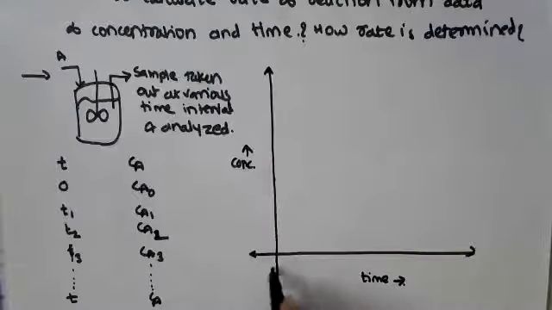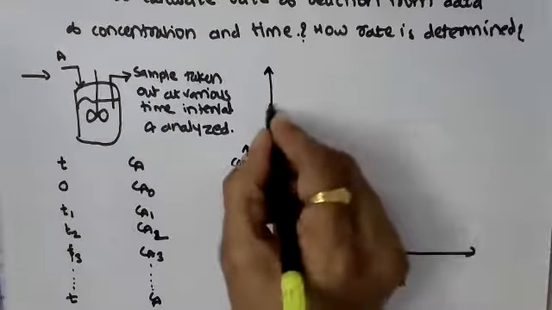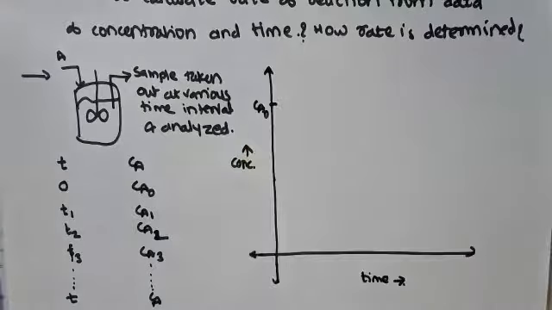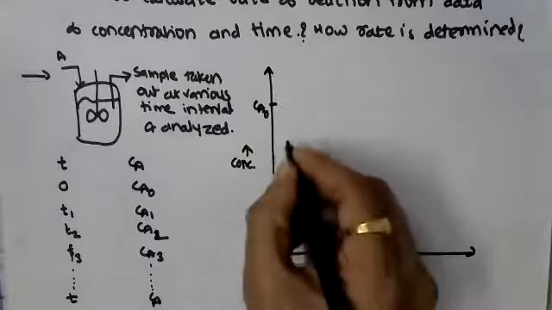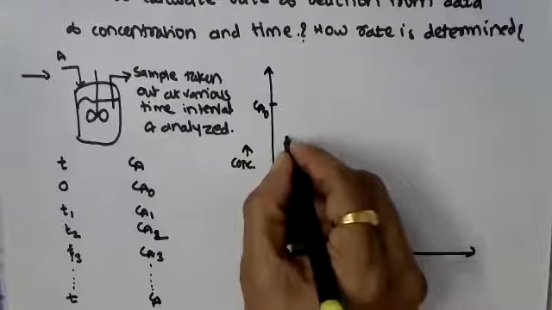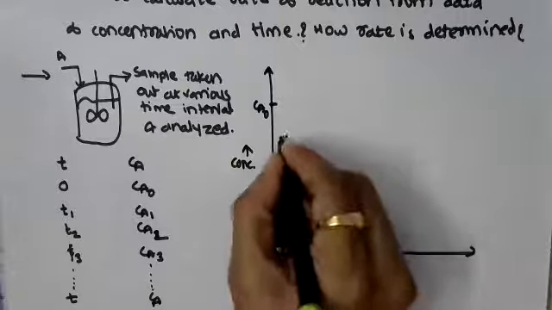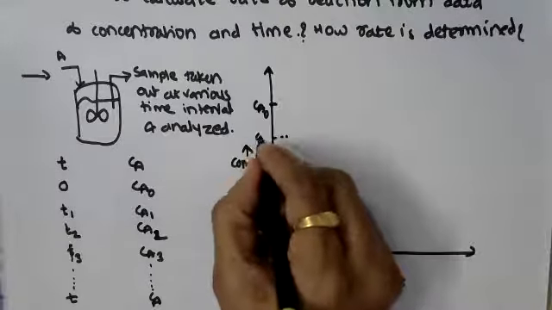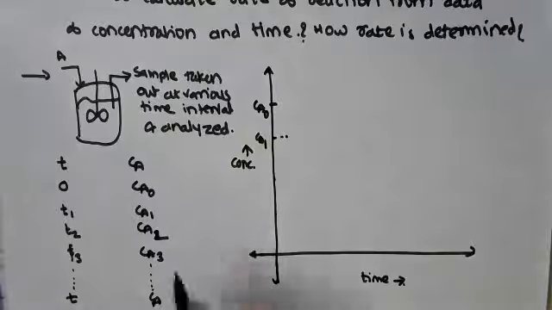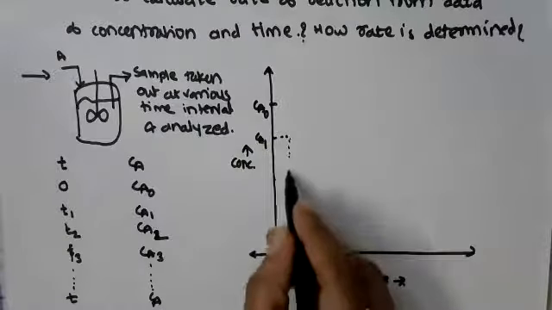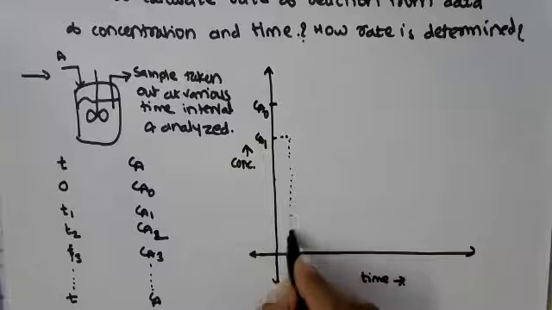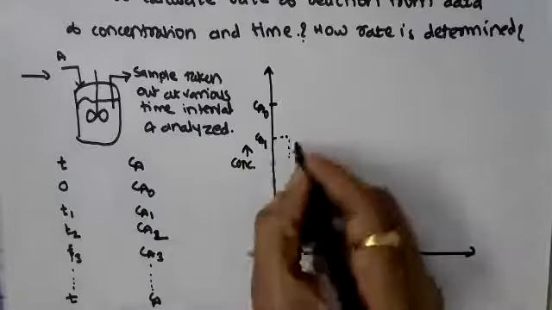At time t is equal to 0, the concentration will be CA0. Now, initially, the rate of reaction is higher, so the concentration will fall rapidly. Say, this is the point where the first sample was taken out and corresponding time is T1.